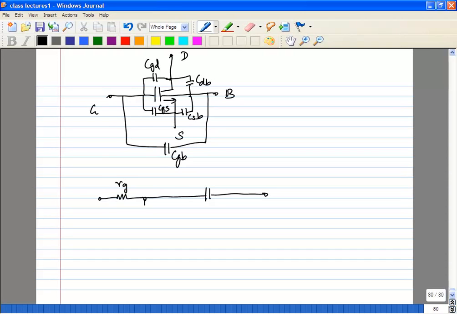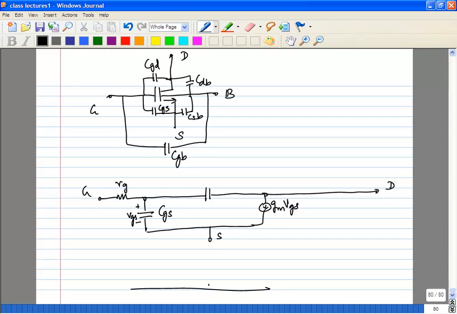Let's add the CGS first, with VGS across it. Let's call this the drain, the gate, and the source, with the bulk here.